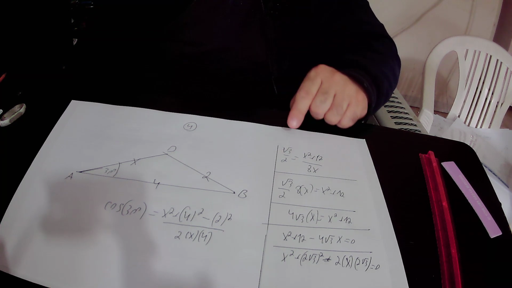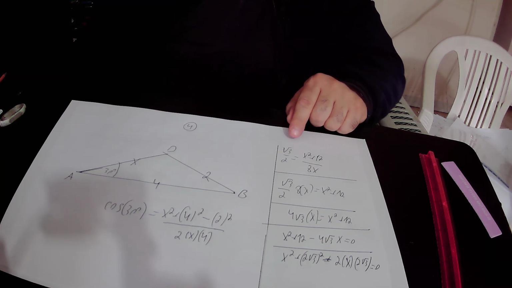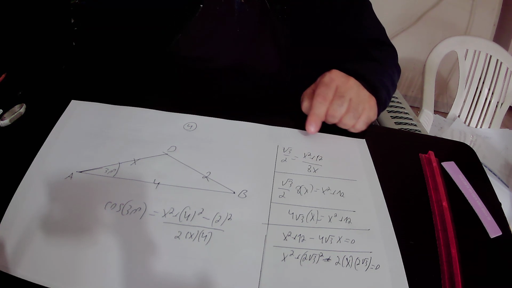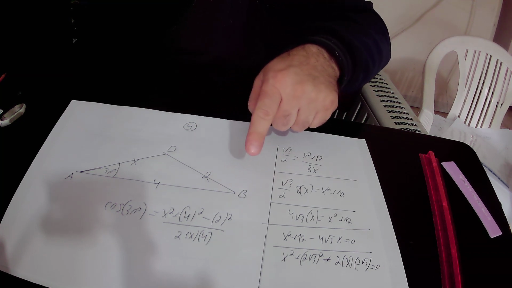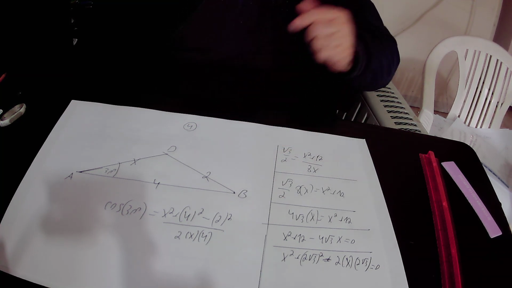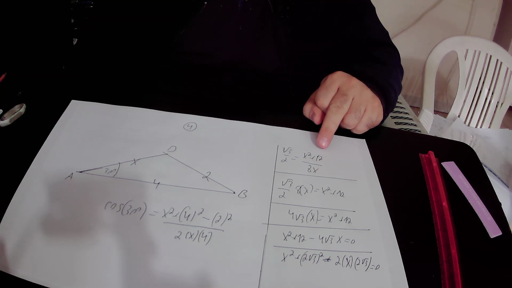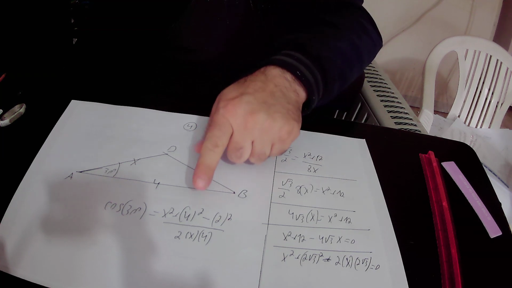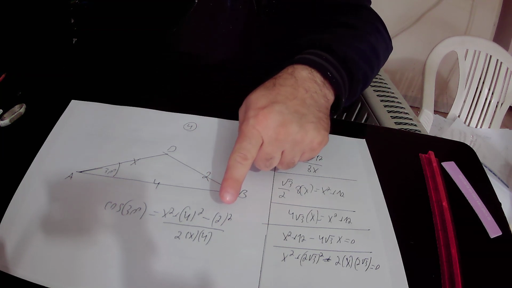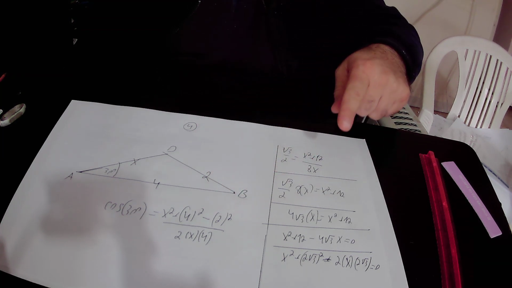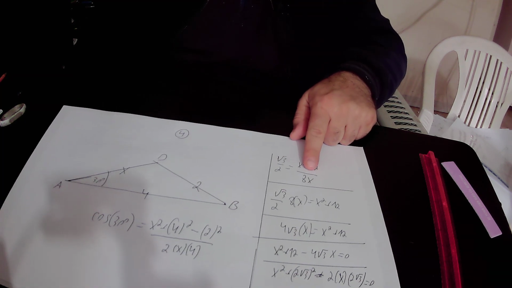Cosine 30 degrees equals square root of 3 over 2, and the right side is x squared plus 16 minus 4, which is 12. So the numerator is x squared plus 12, and the denominator is 2 times 4 times x, which is 8x.